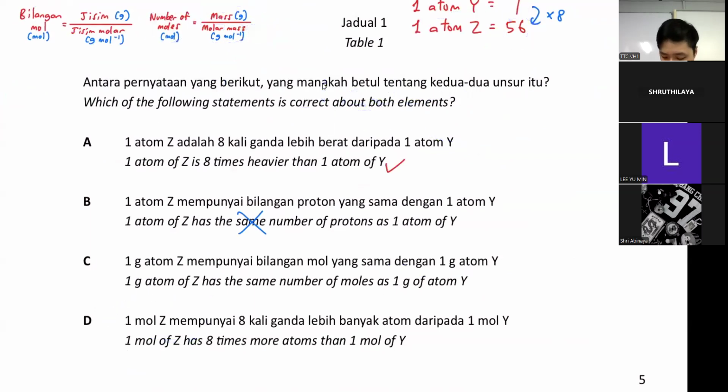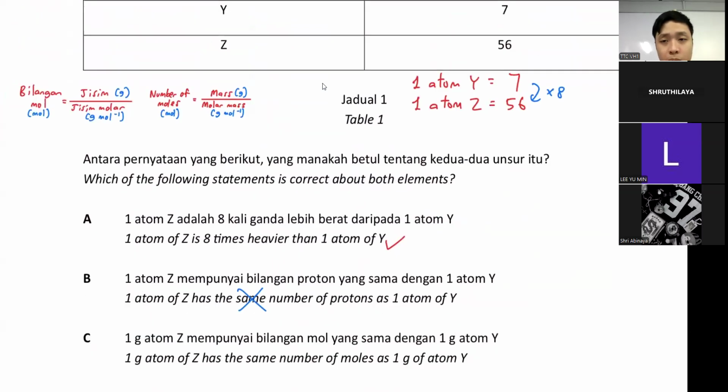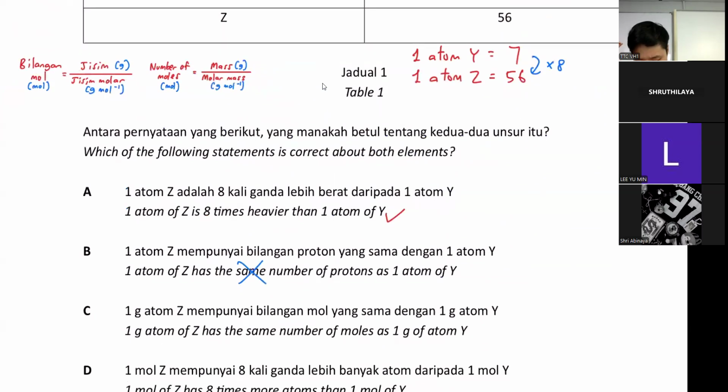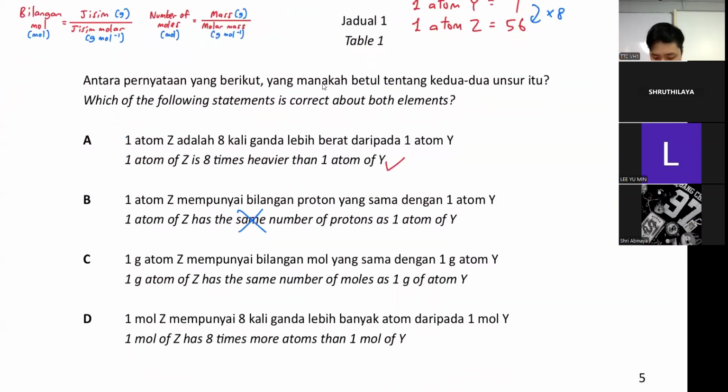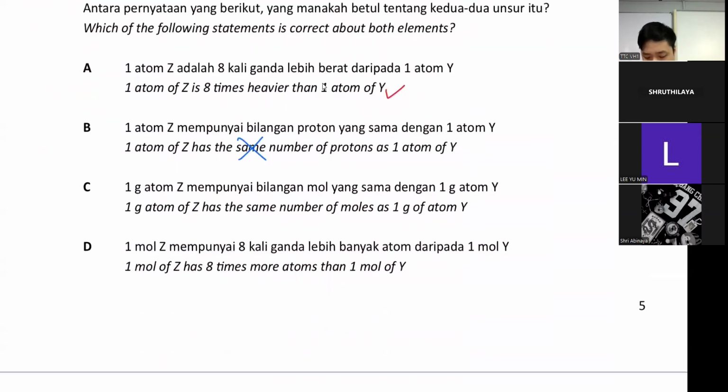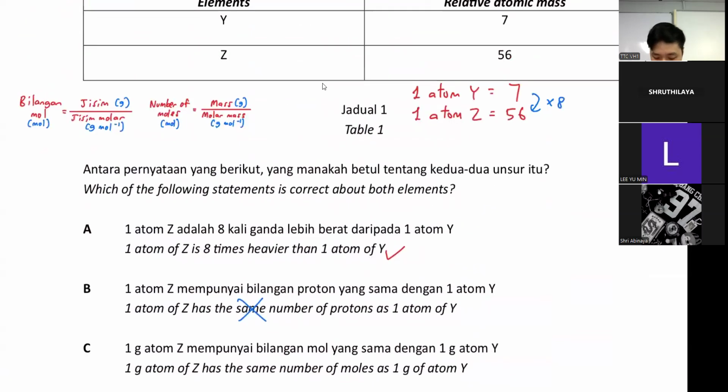D, 1 mole of Z has 8 times more atoms than 1 mole of Y. Okay, this one I have to analyze a little bit. 1 mole of Z has 8 times more atoms than 1 mole of Y. Now, in this case, very funny.